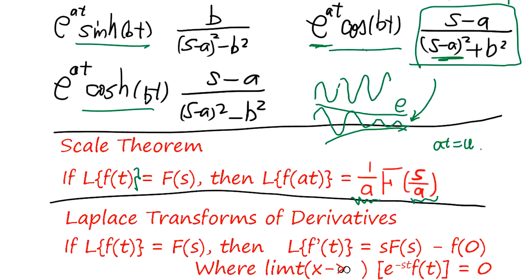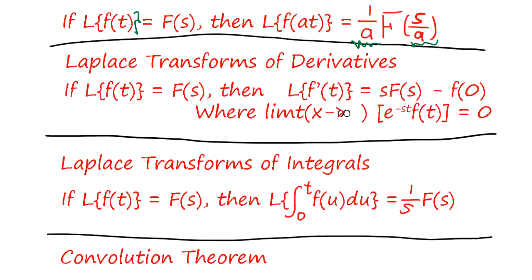Now, the most important thing here is the transform of derivatives. How do we get a transform of derivatives? When f(t) is transformed to capital F(s), then the derivative is going to be sF(s) minus this initial condition.